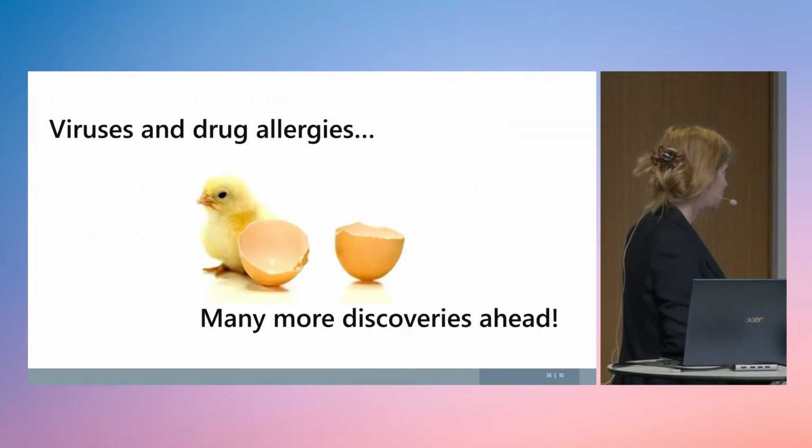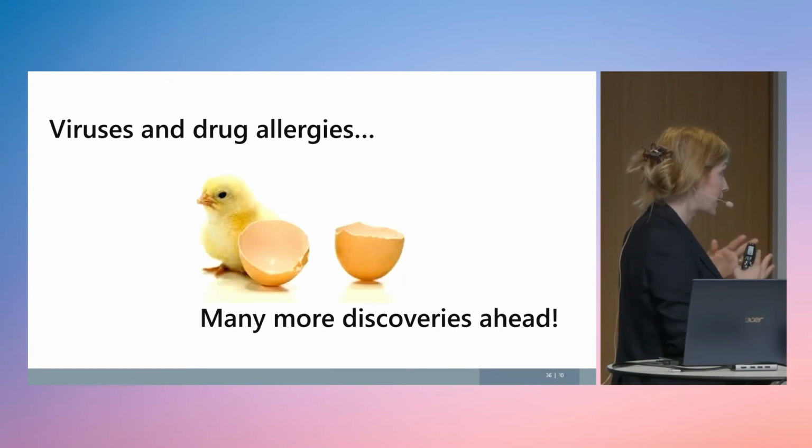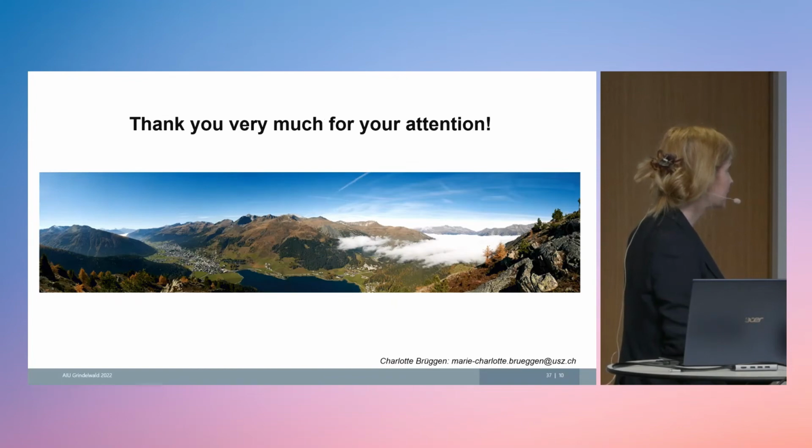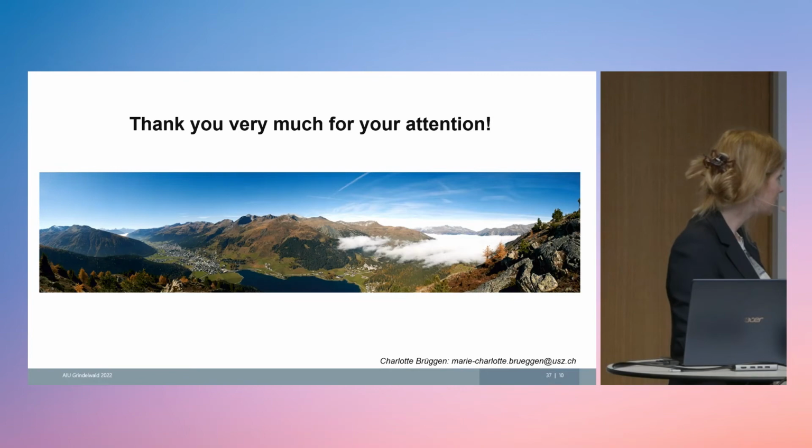Yeah, we will see what comes next. There's much more we need to understand in more depth, and we also need truth-telling experiments to further explore this interplay between viruses and drug allergies. And with this, I would like to finish and thank you very much for your attention.